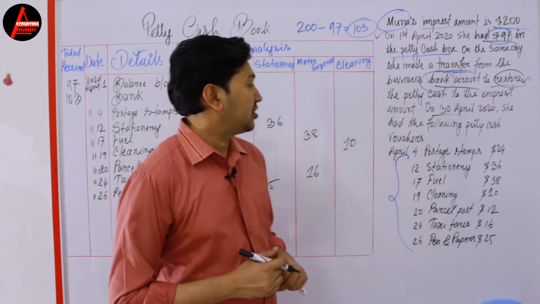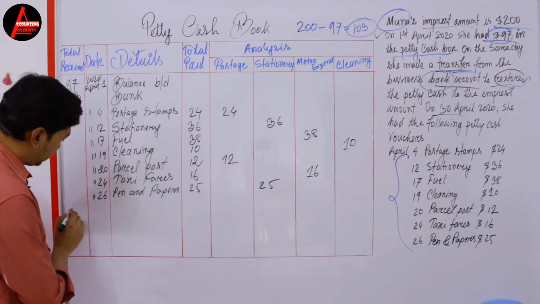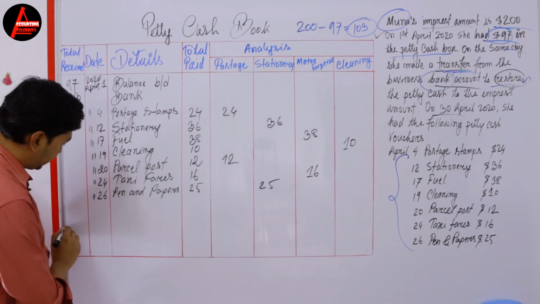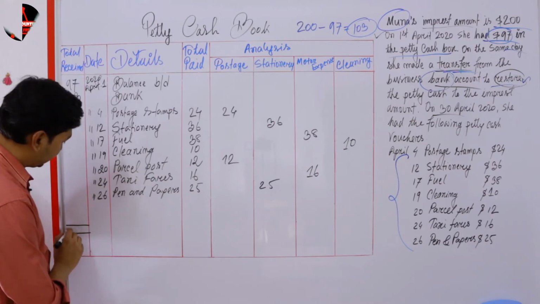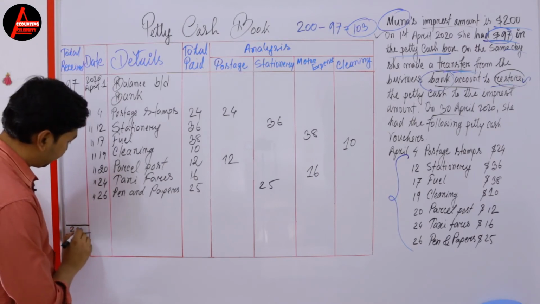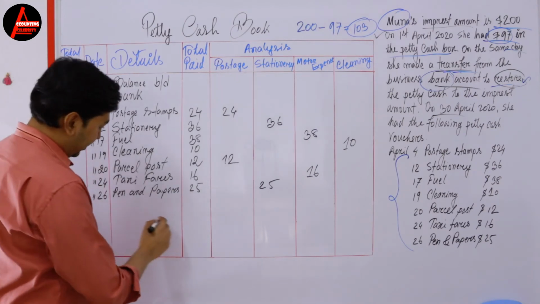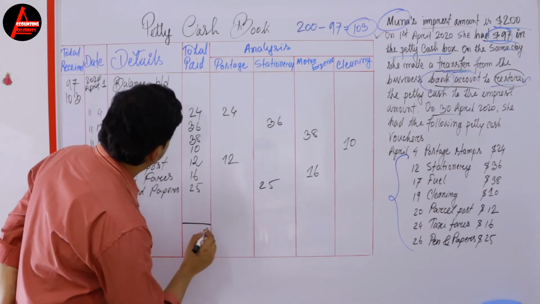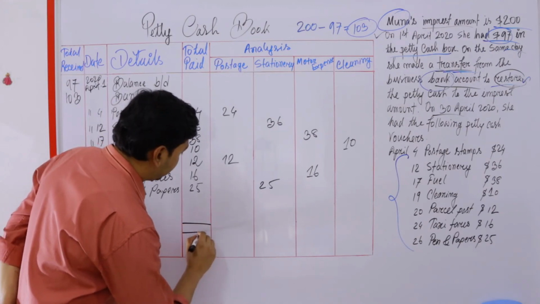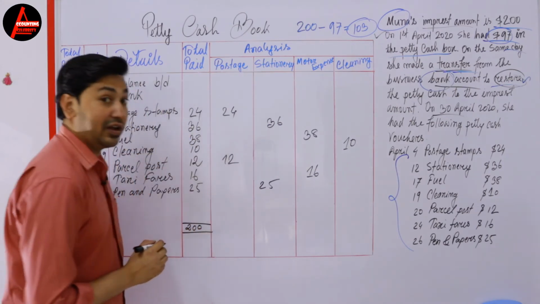Okay, so look at here how to balance it. Add this amount. How much comes here? It is $200. 97 plus 103, $200, okay. Take this amount in the same level to the total paid column right here, $200, okay.